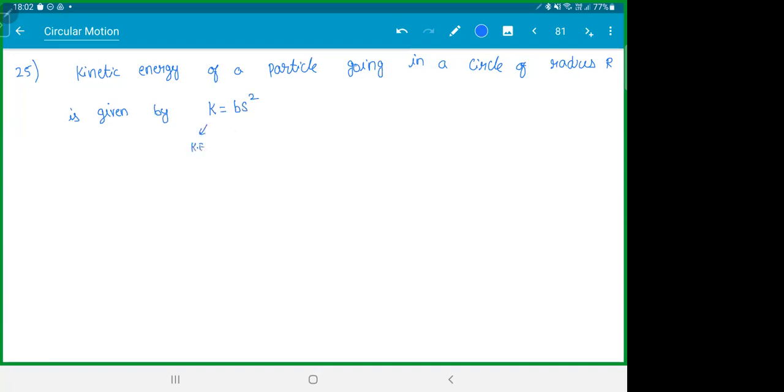K is kinetic energy, b is some constant, s is the distance traveled. Find the net acceleration as a function of s.